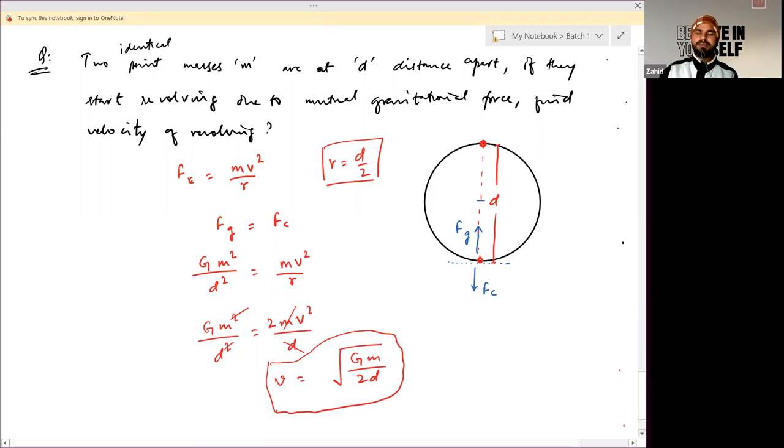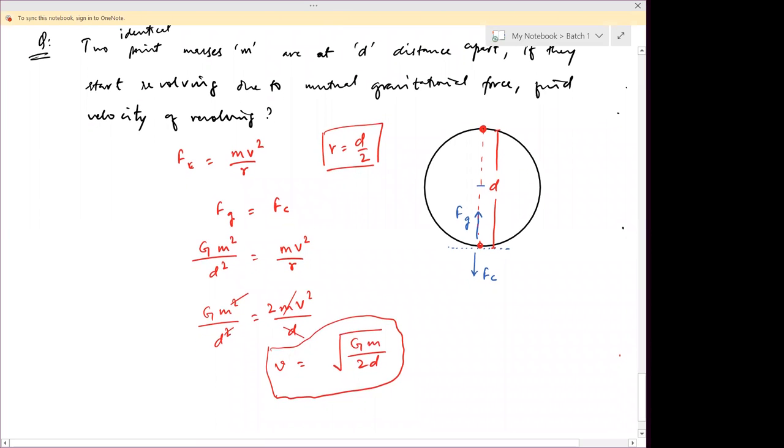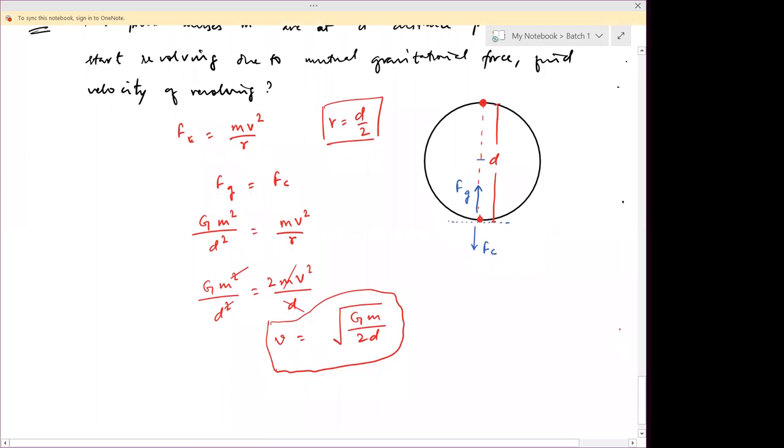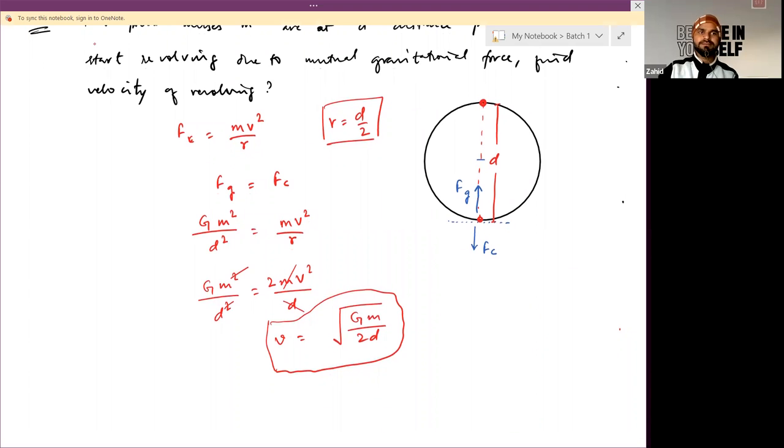Salman, is it clear? Yes, sir. Hamza, any doubt? No, sir, no doubt.